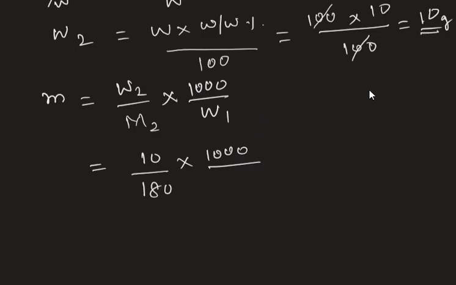Suppose W2 is 10 gram and the solution is 100 gram. So W1 should be 100 minus 10, that is 90. Do you understand? So you should not put 100 here because it is W1. So I can put 90.